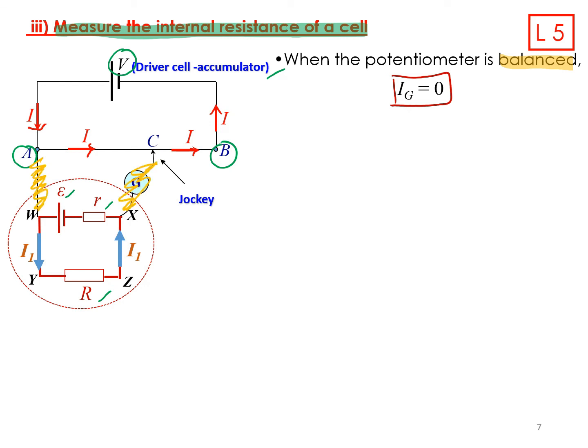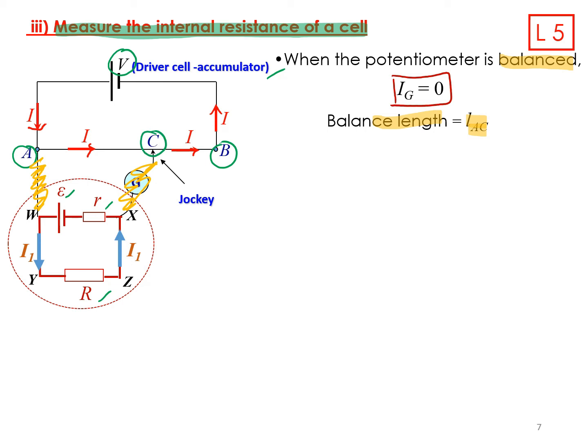And of course we will have the balance line, as usual, line LAC, because you touch the jockey right here, at point C.